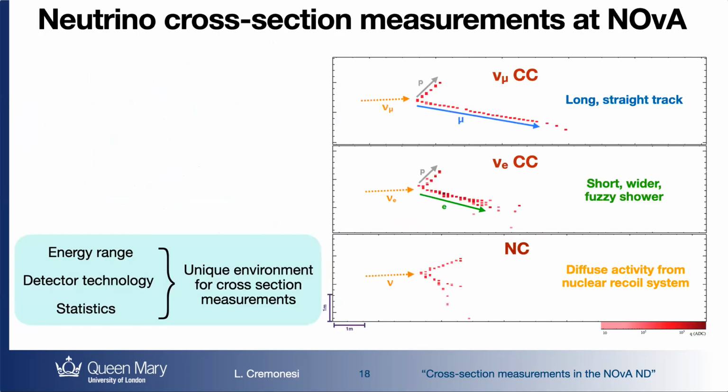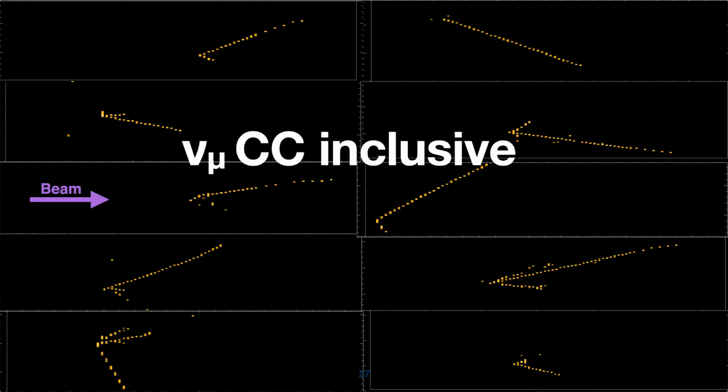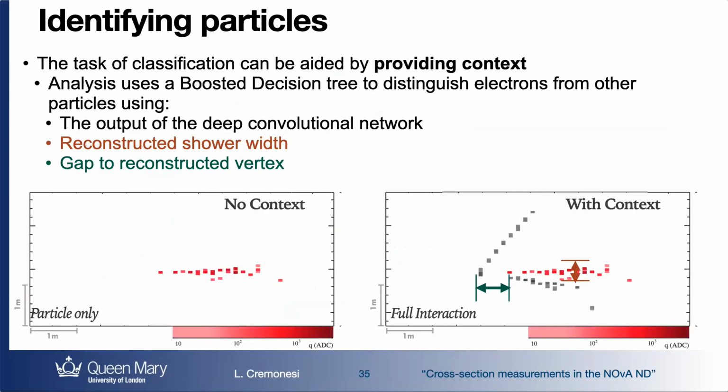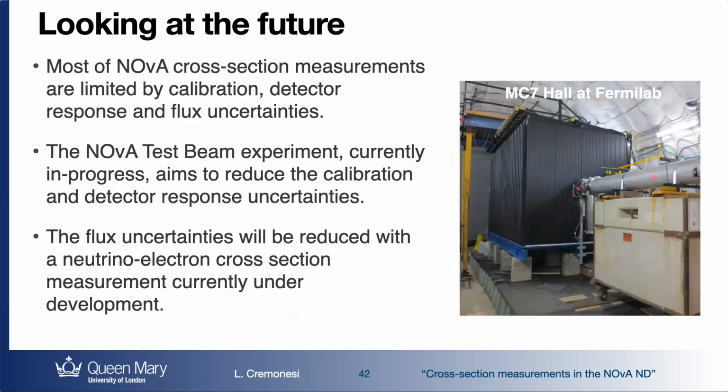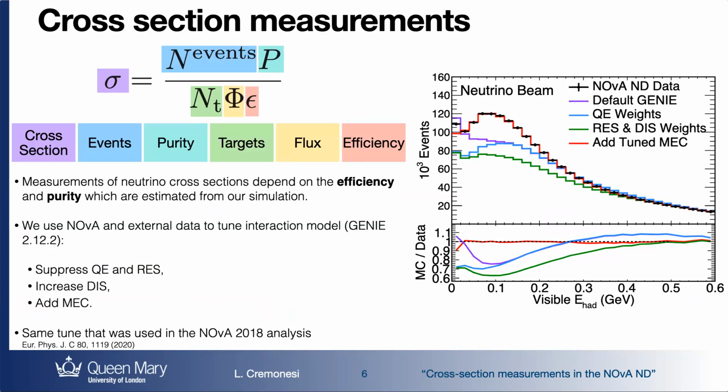Right, did I keep that slide in? Let's see. Okay, fantastic. So the version of the generator that we used didn't have a particularly good agreement with our data. There were a few problems with it, for various reasons. Simulating neutrinos is not easy, but there was a complete lack in the generator of the meson exchange current component.